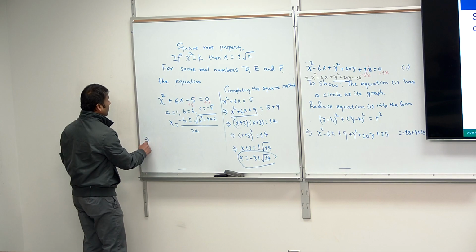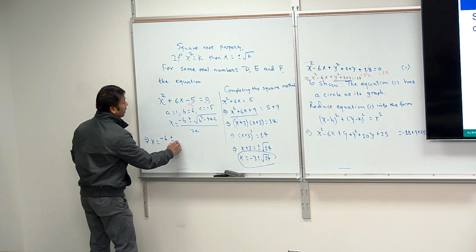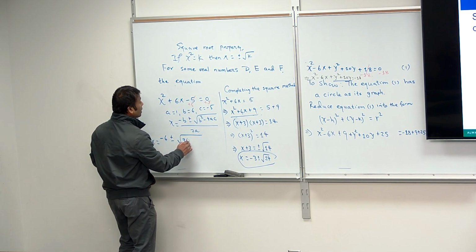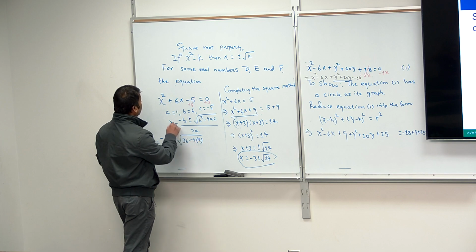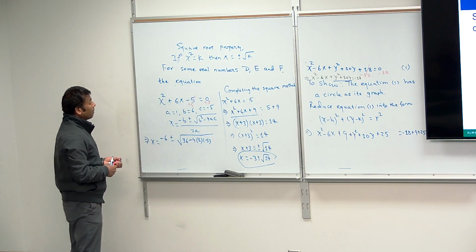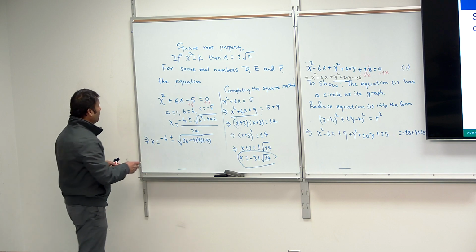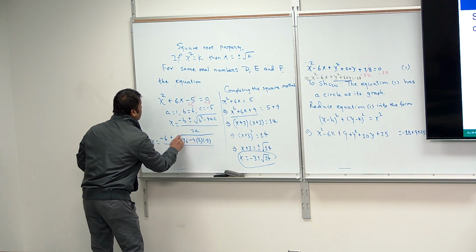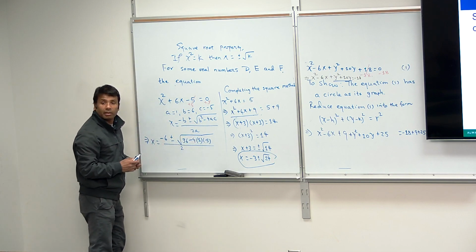If you use the formula, x equals negative b, which is negative 6, plus or minus radical b squared, which is 36, minus 4 times a, which is 1, times c, which is negative 5. Are you with me? And this is over 2 times a. a is 1, 2 times 1 is 2.